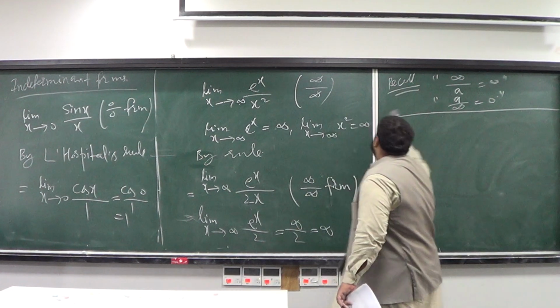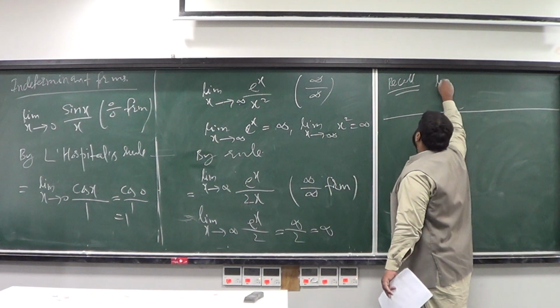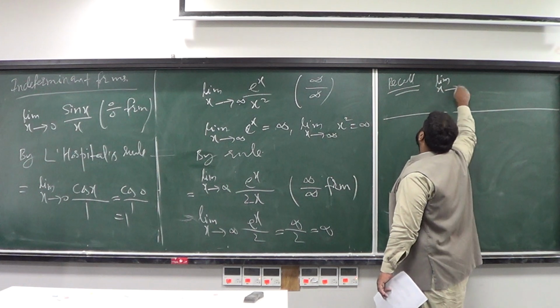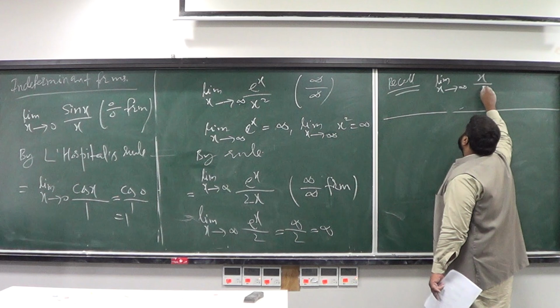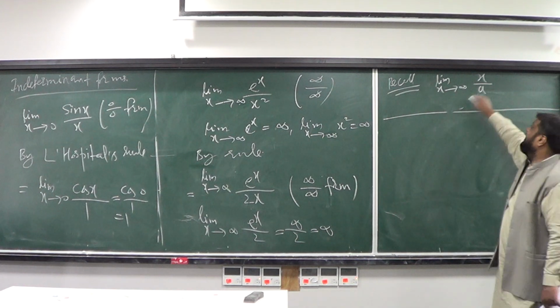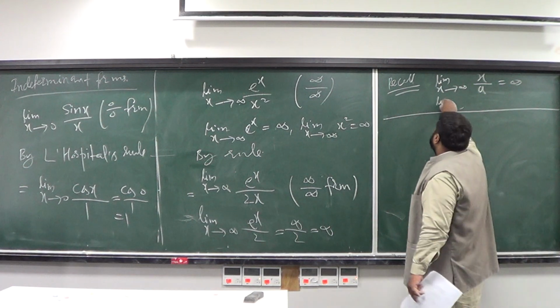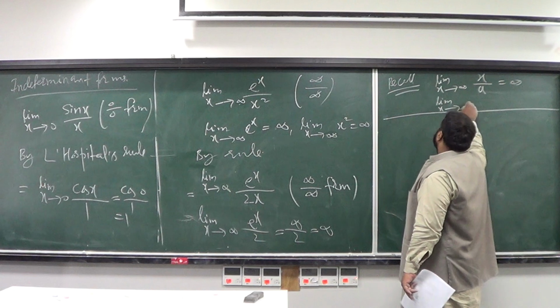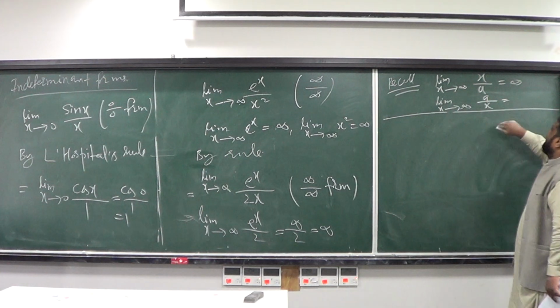I can write a more precise statement: the limit as x goes to infinity of x divided by a, where a is a fixed constant, must be infinity. And the limit as x goes to infinity of a constant divided by x would be 0.